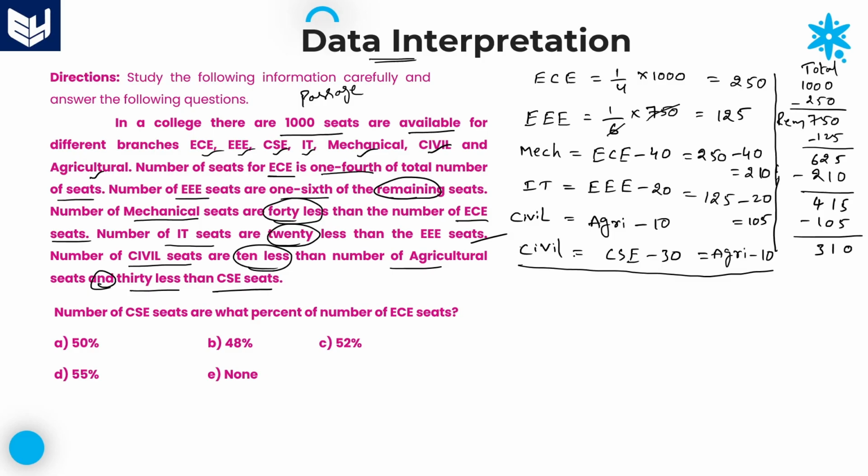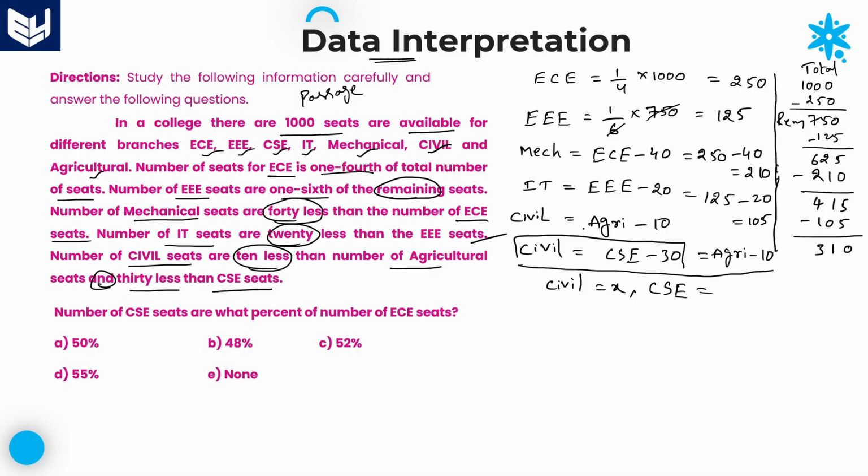Now, it is very important that we consider the number of civil seats to be x. Then from the relationship between civil and CSC, civil is equal to CSC minus 30.